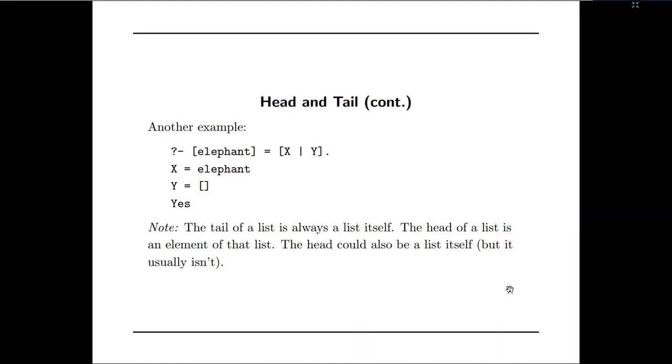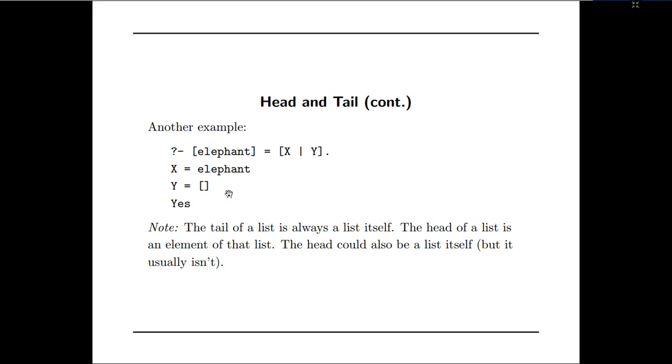What is the case if there exists only one element and head and tail was applied? Look at the example. There exists only one element called elephant, which is equal to X-Y, which represents head and tail. Always the first element in the list will be assigned to the head.